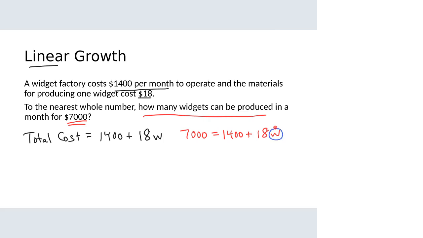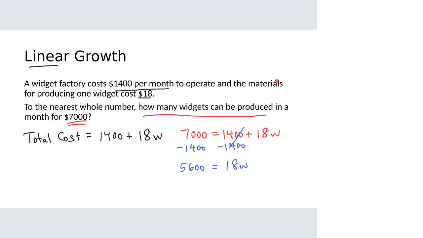I'm trying to solve for W. I need the term with W by itself. I'm going to peel this onion from the outside in. I'm going to start by getting rid of that 1,400, and we'll do so by subtracting that from both sides. If you see something that you're not sure why we did it, or you're not sure where the numbers came from, please make sure you ask. Those will cancel, leaving 18W on the right-hand side, and on the left, 7,000 minus 1,400 is 5,600.